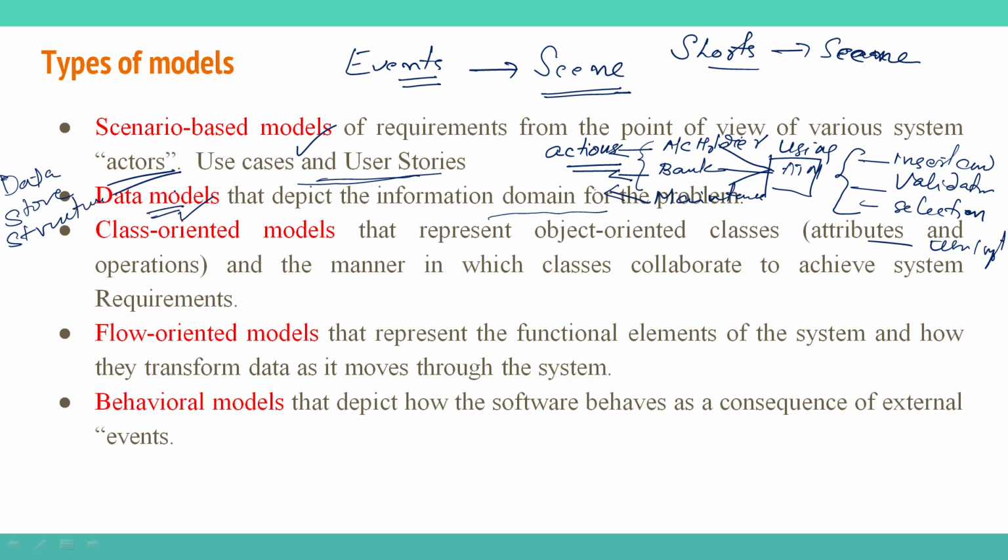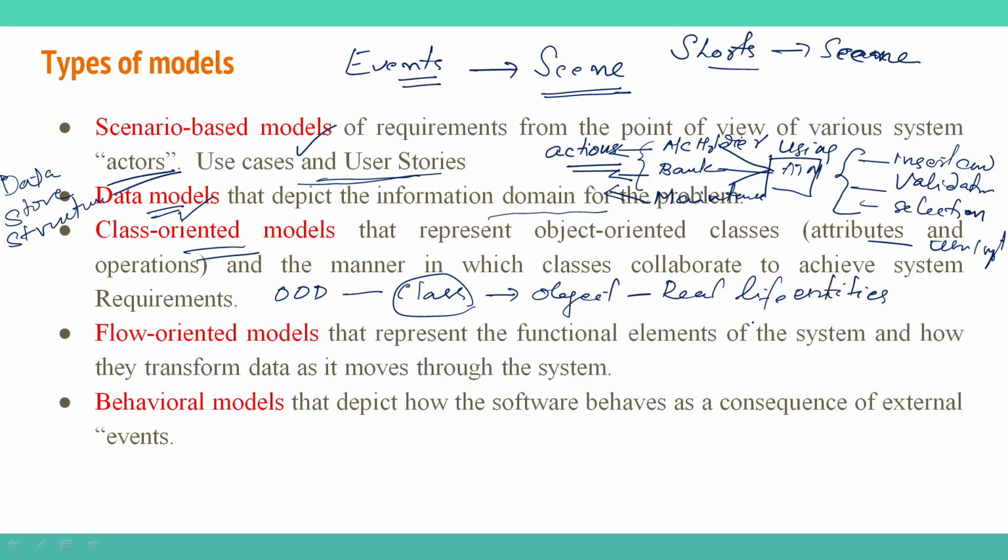Then the class oriented model. Suppose we are going into object oriented development, you have to represent everything in the form of a class. A class is a collection of objects. So what is an object? It's a real life entity. So whatever problem we are going to solve is a combination of real life entities or communication between real life entities.